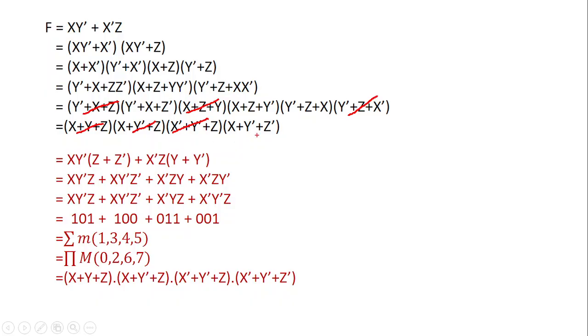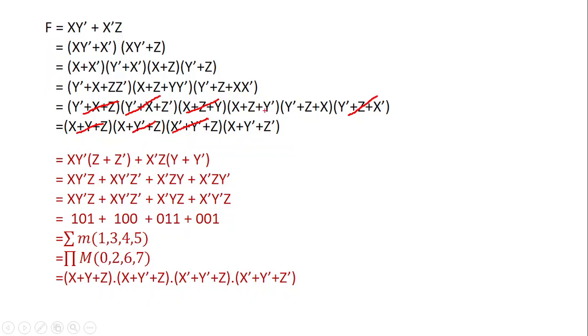What about the other term? So let's look at the other term, x y bar z bar. So we have this x y bar z bar. What about these two terms?